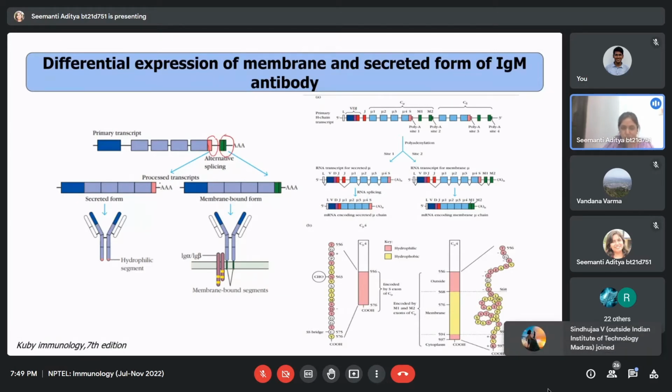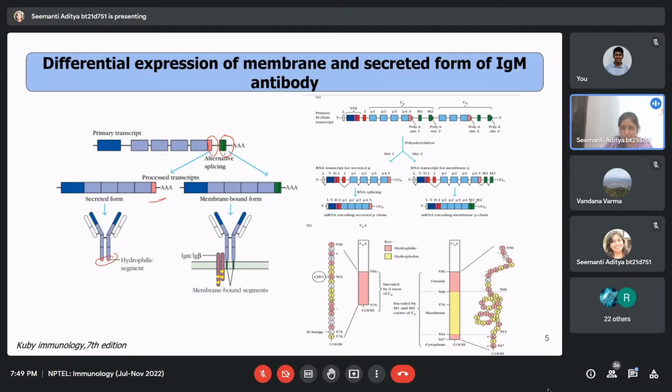In all types of isotypes of your antibodies, this secreted form and this membrane bound form are present. During mRNA splicing, if the secreted form comes in the final processed mRNA, you will get the secreted form of your antibody with a hydrophilic segment. S will be a hydrophilic segment, and it can be freely circulating in your blood.